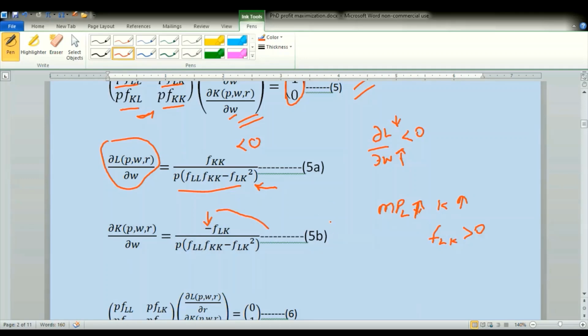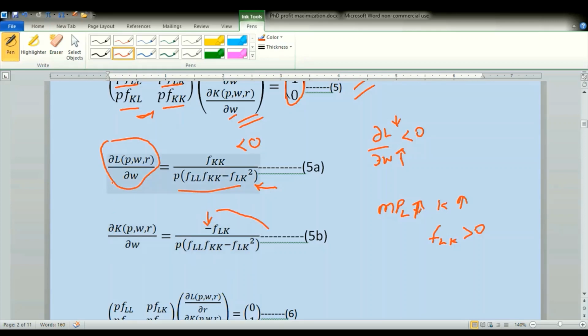What does this imply? That as the wage rate increases, capital decreases. If this is so, then we can assume that labor and capital are in the nature of complementarity, so that when one factor of production is decreasing because its price has increased, the other factor of production will also be decreasing.